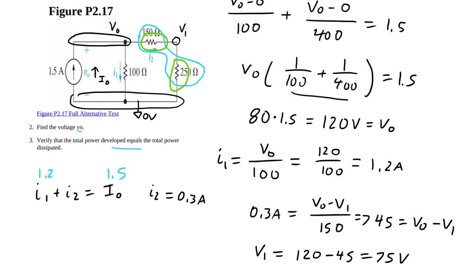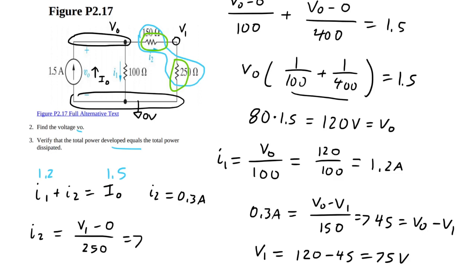We can also find V1 by using the same KCL, because I2 is shared by both of these resistors here. So that means we can find V1 the other way. If we have V1 minus 0 over 250, then it's pretty much a straight shot to find I2 or V1.